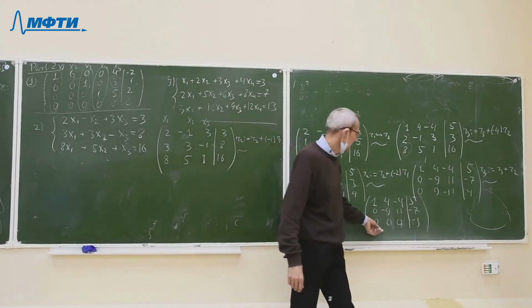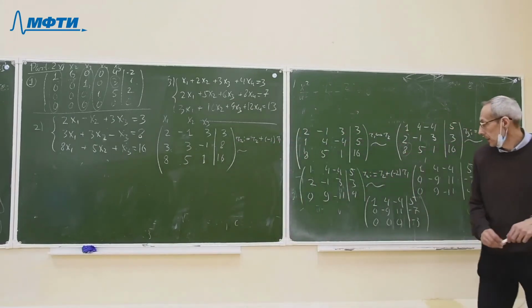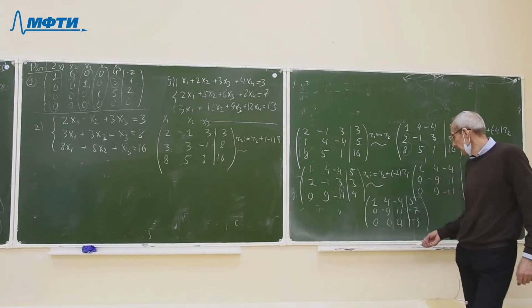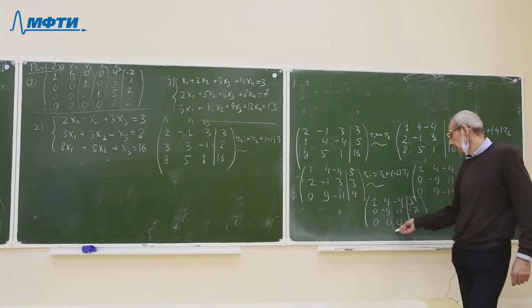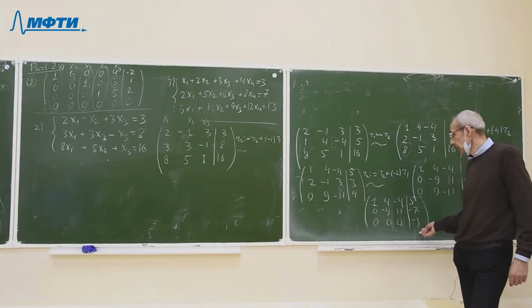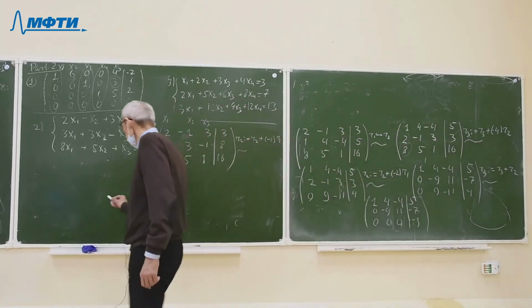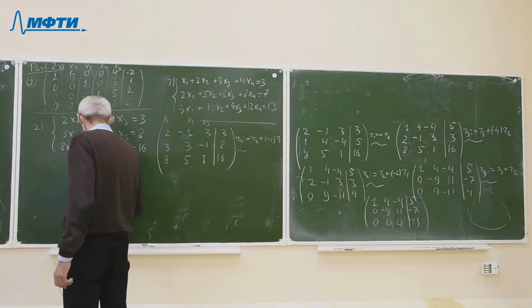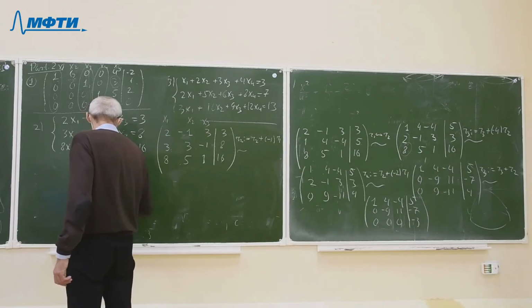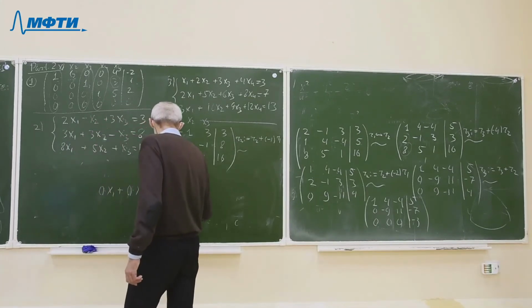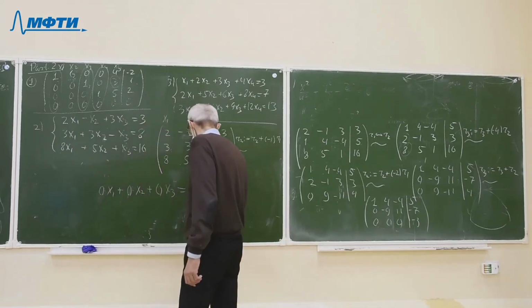We can see that in the last row, on the left side we have 0, but on the right side we have -3. It means that we obtain an equation of the following form: 0 times x1 plus 0 times x2 plus 0 times x3 is equal to -3.